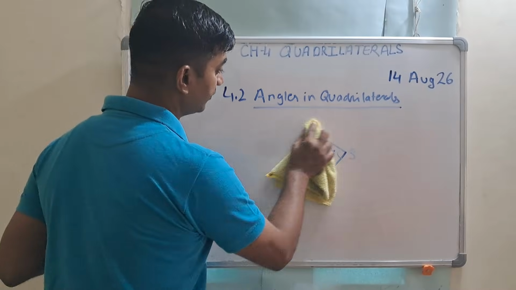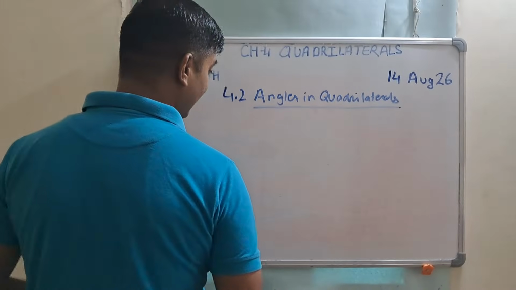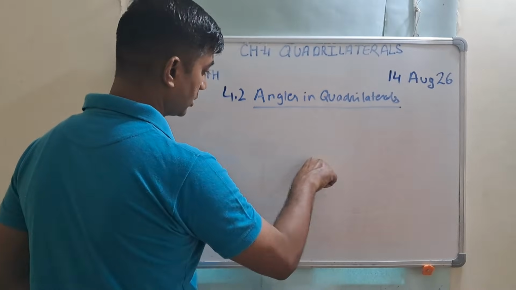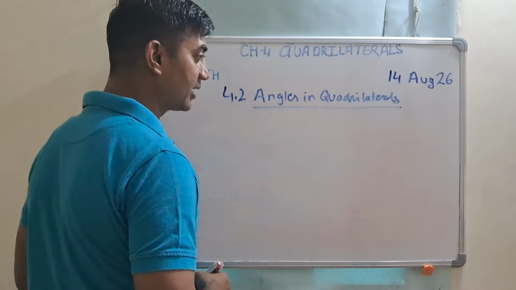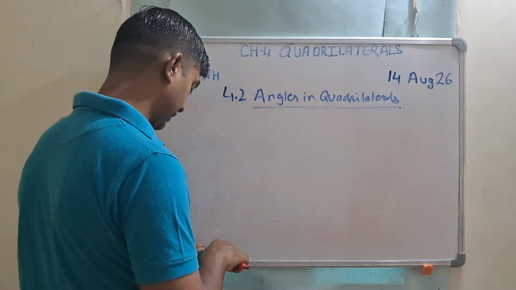Now this is the case of a quadrilateral. That is the mandatory criteria for a rectangle, that all the internal angles should be 90 degree.